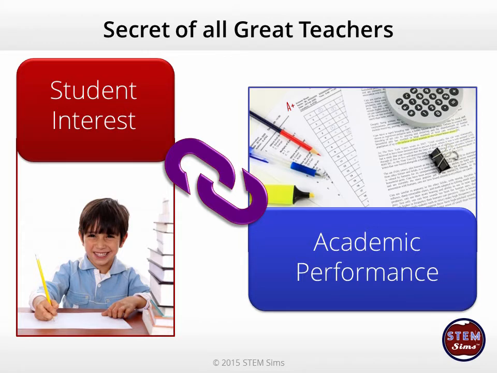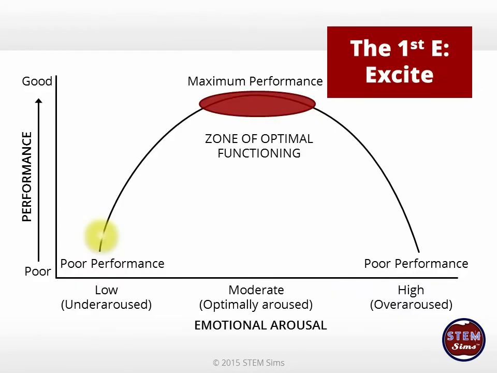They recognize the classic relationship between student interest and academic performance. You can see on this graph that shows students who are uninterested tend to perform poorly. That makes sense. Likewise, students who are extremely anxious or too excited also fail to achieve up to their potential.